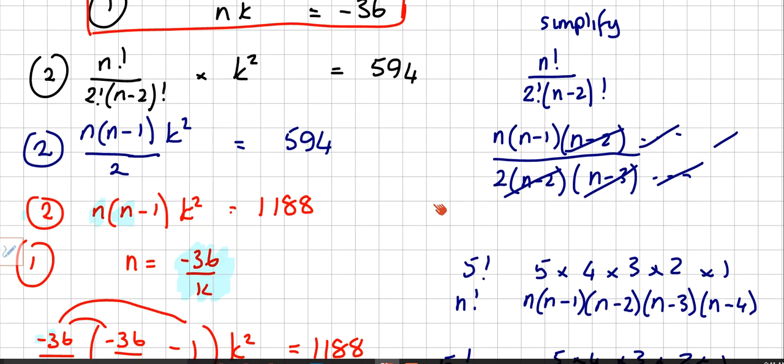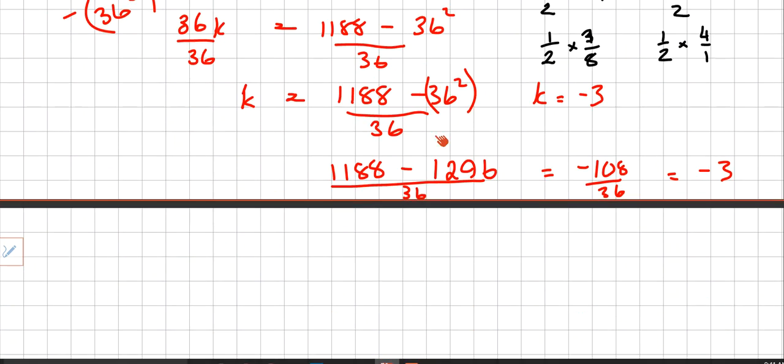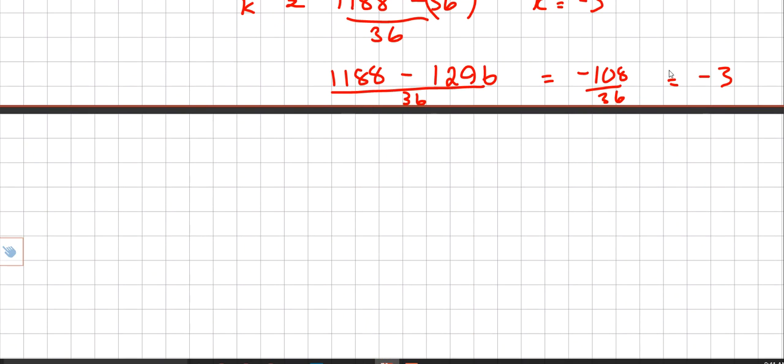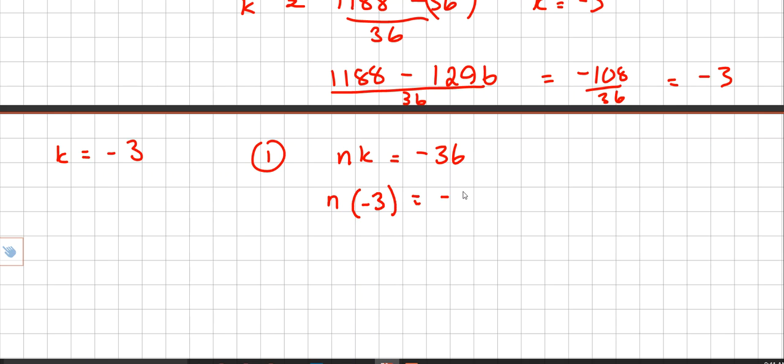That's correct as well. As we always do with simultaneous equations, I've solved k is negative 3, so I input it into whichever part I want. I'll choose number 1: nk equals minus 36. That means n times minus 3 is negative 36, which makes n 12. Okay?